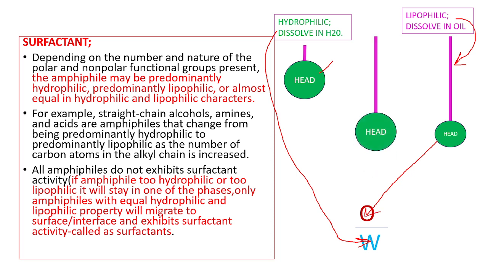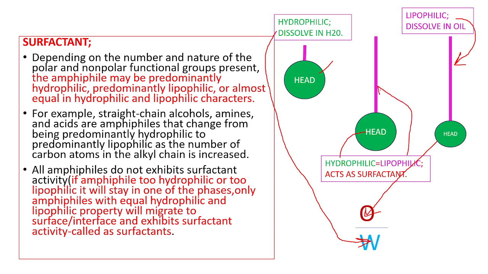Next, the hydrophilic-lipophilic balanced amphiphile: this is the hydrophilic head, this is the lipophilic tail. Both are in equal proportions, hence we call it a hydrophilic-lipophilic balanced amphiphile. Only this will act as a surfactant. The predominantly hydrophilic and predominantly lipophilic amphiphiles will not act as surfactants.